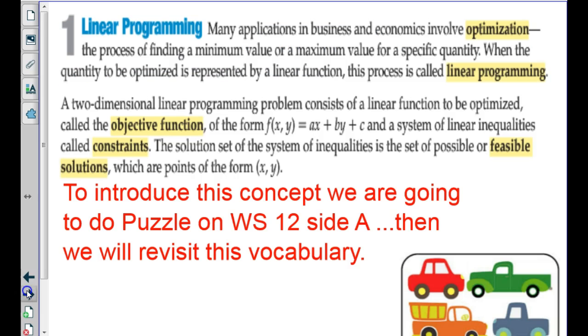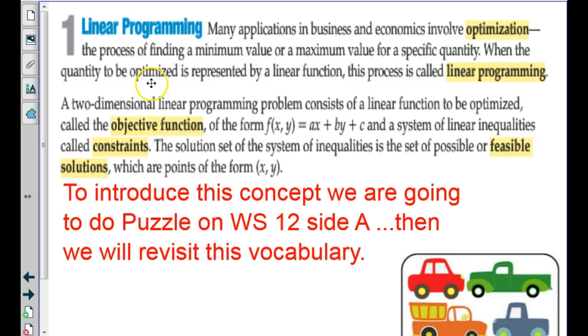Thank you. All right, so linear programming is what this is called, and we do optimization problems. Okay, many applications in business and economics involve optimization, the process of finding a maximum value or a minimum value for a specific quantity.